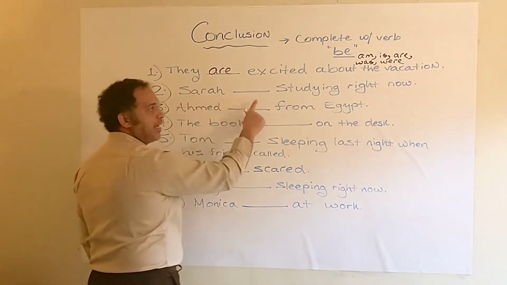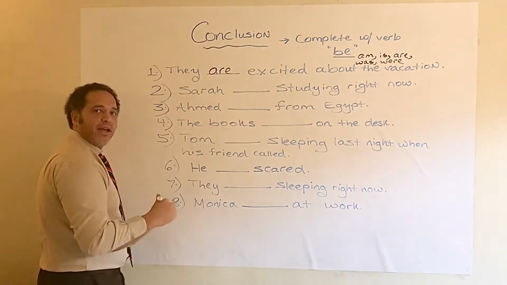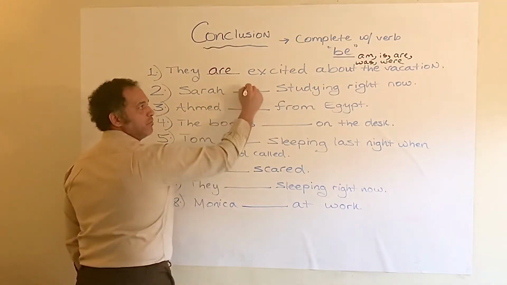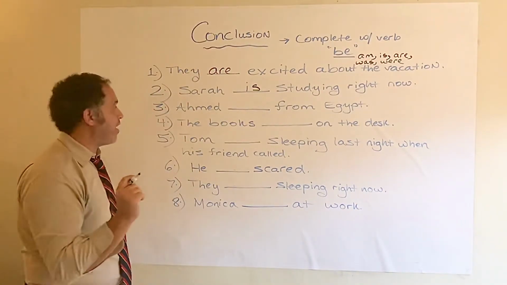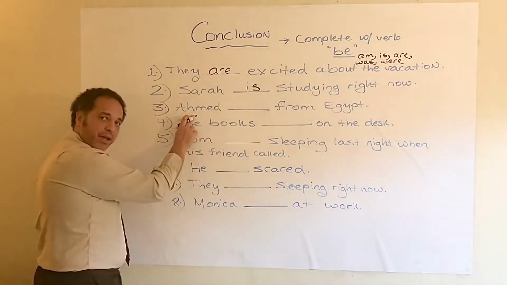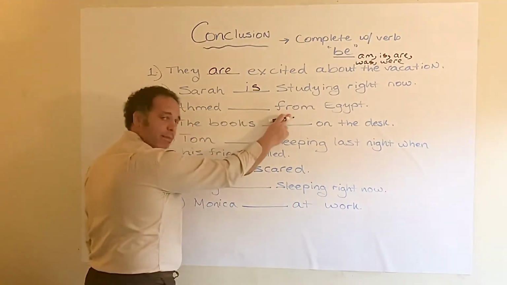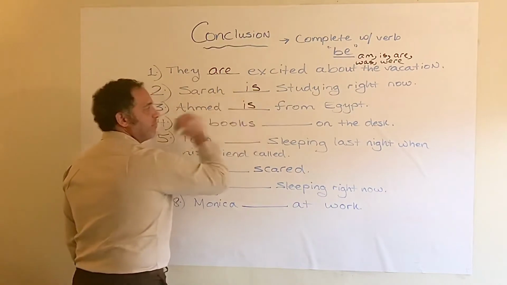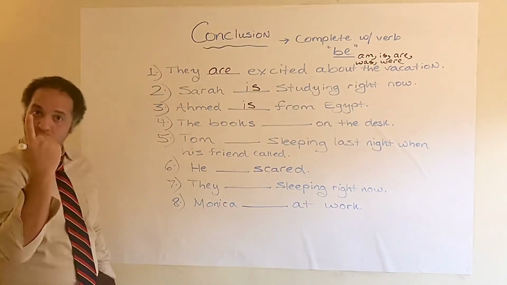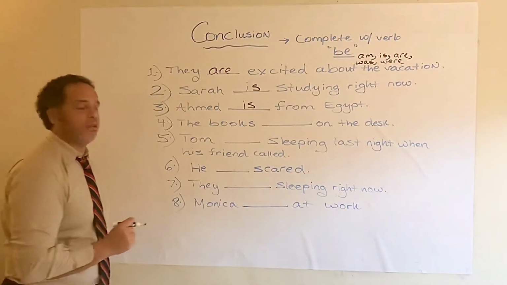Sarah blank studying right now. Is studying right now. Ahmed blank from Egypt. Is. Again, if it's one person, we make it singular.